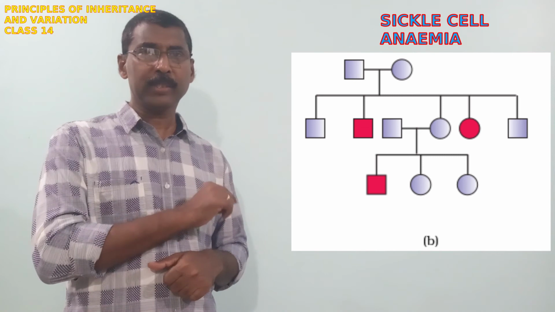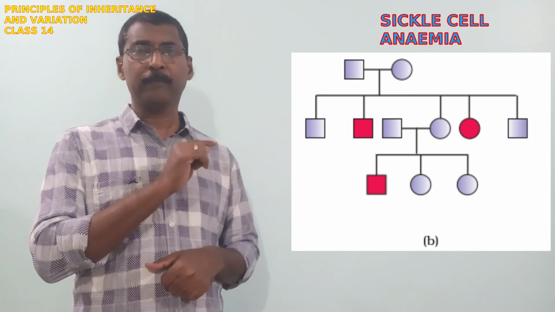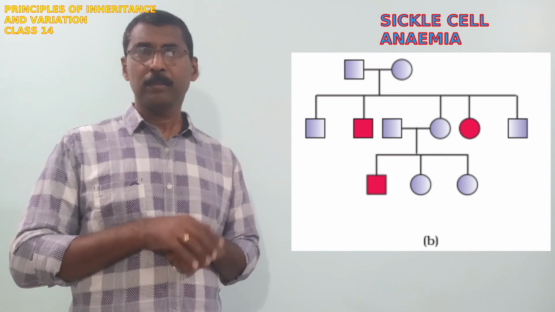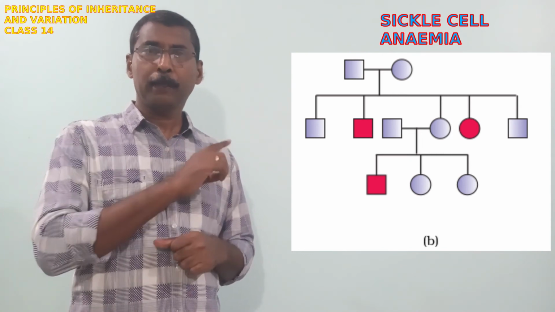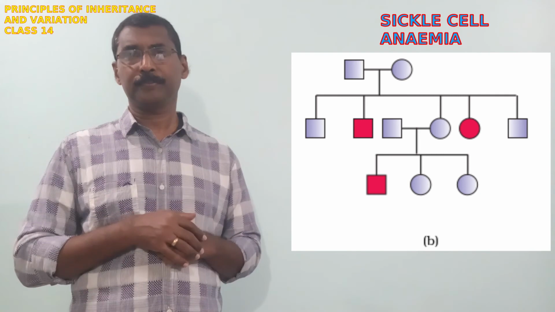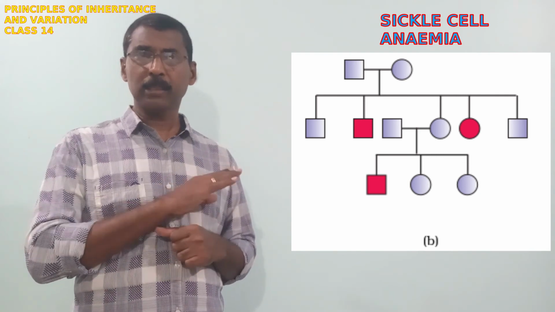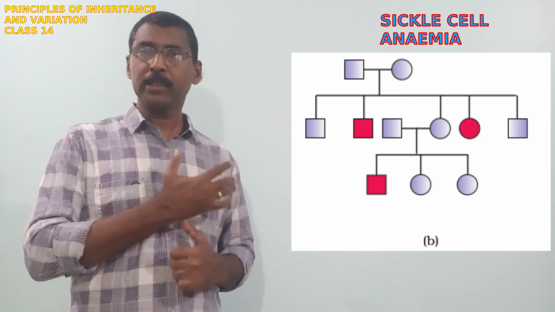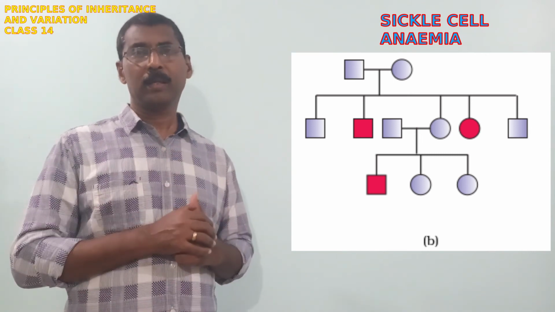Why are the children affected even though the parents are not affected? Only one reason for that: the parents are carriers. So the parents are not affected, but the children are affected.